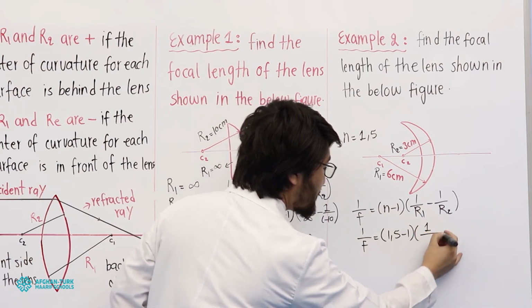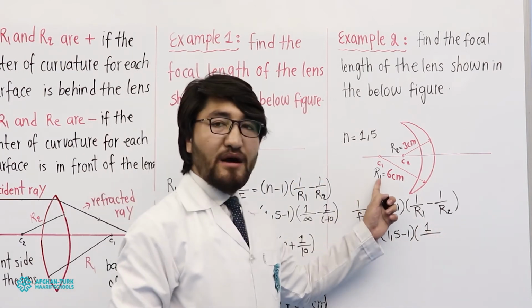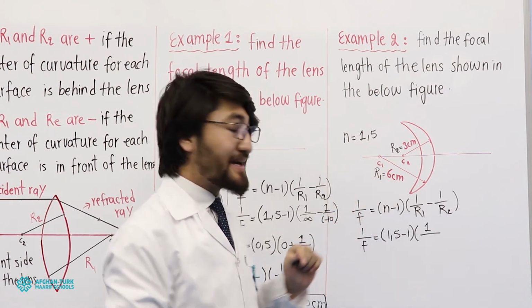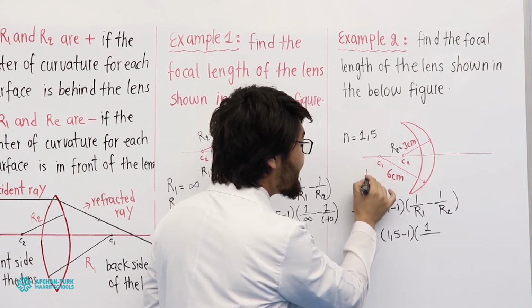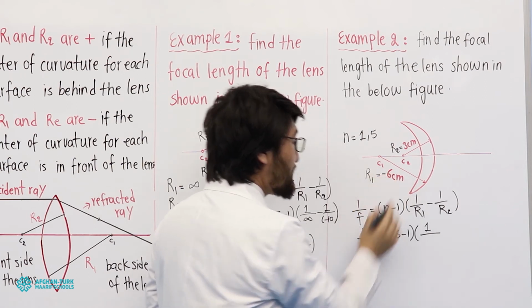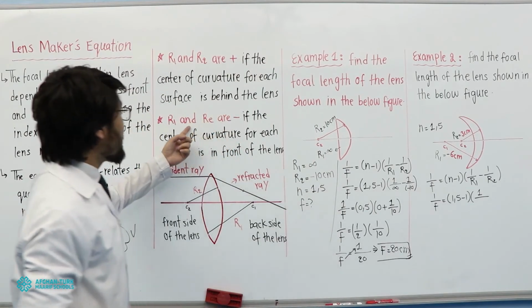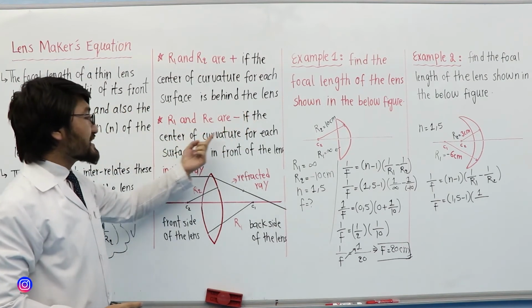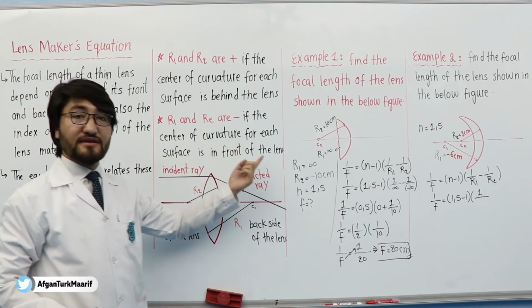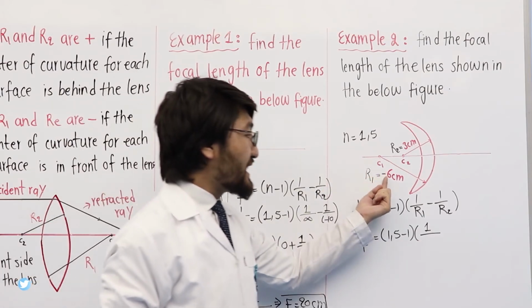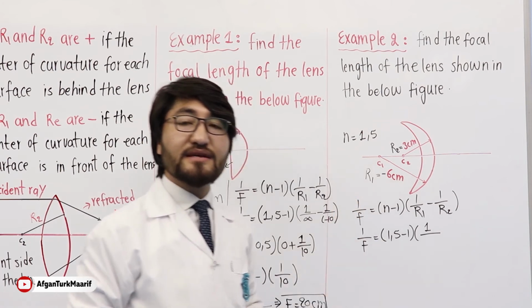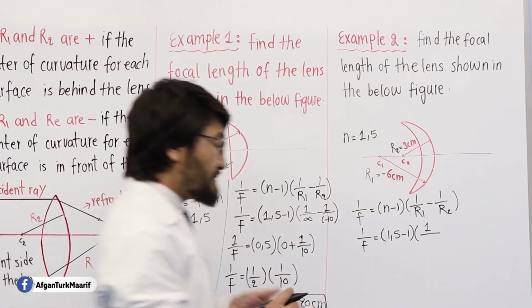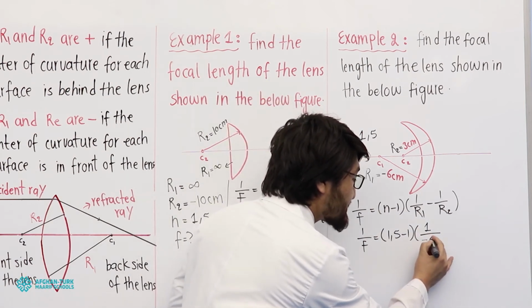What is R1? R1 is 6 centimeters, but it should be minus 6 centimeters. Why? Because I told you, R1 and R2 are negative if the center of curvature for each surface is in front of the lens. You see, R1 is in front of the lens, so it should be negative. I put minus 6 here.